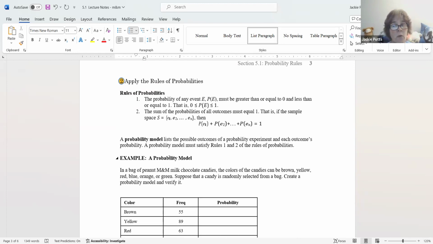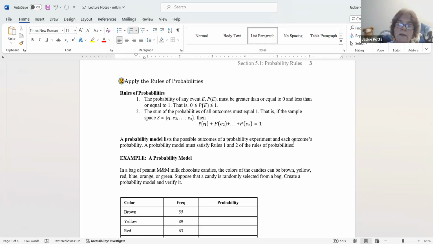Also, this is an important one. When we're talking probabilities, we're talking a different table. Remember back when we were doing relative frequency and frequency, I told you there's going to be one more table that looks like a relative frequency? Oh, here it is. A probability model: all outcomes must sum to 1.